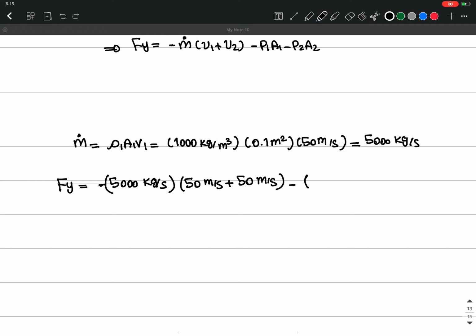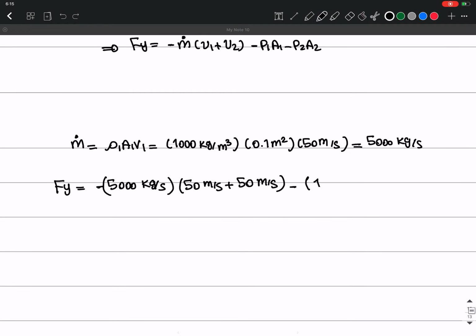So we have minus 150 kilopascal, which is P1 absolute. I write it as absolute.